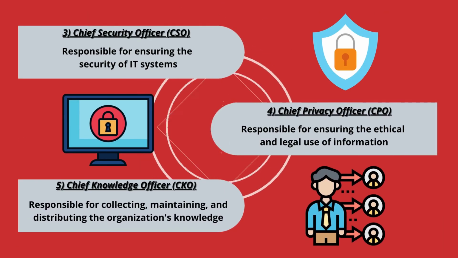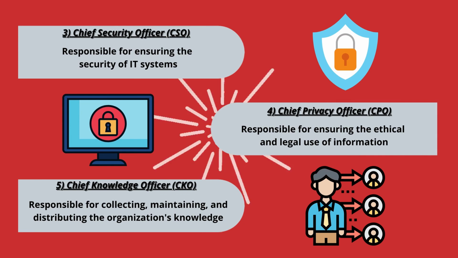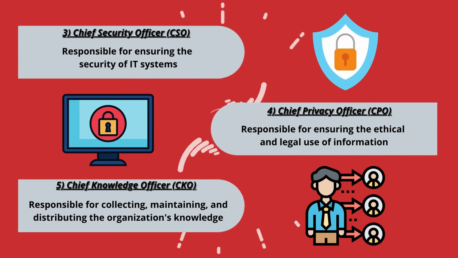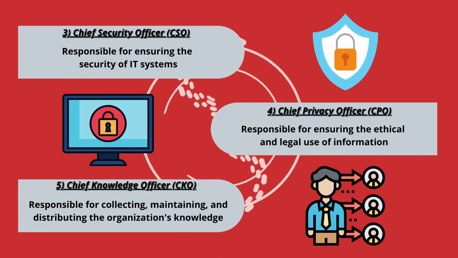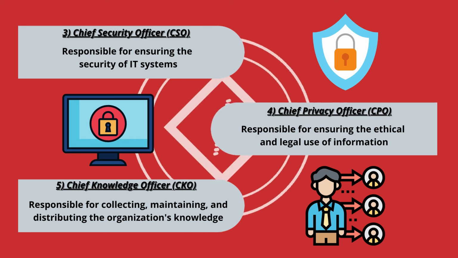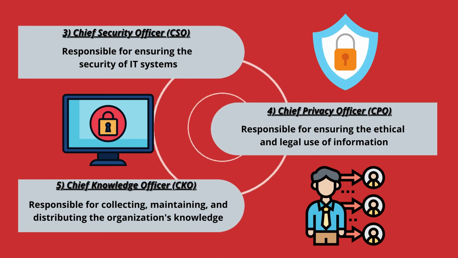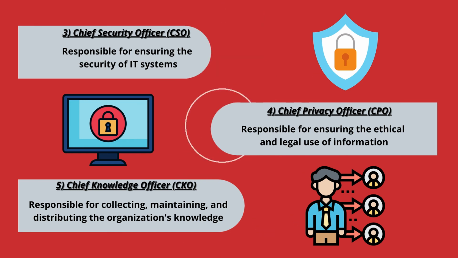The Chief Security Officer, CSO, is responsible for ensuring the security of IT systems. The Chief Privacy Officer, CPO, is responsible for ensuring the ethical and legal use of information. The last one, Chief Knowledge Officer, CKO, is responsible for collecting, maintaining, and distributing the organization's knowledge.